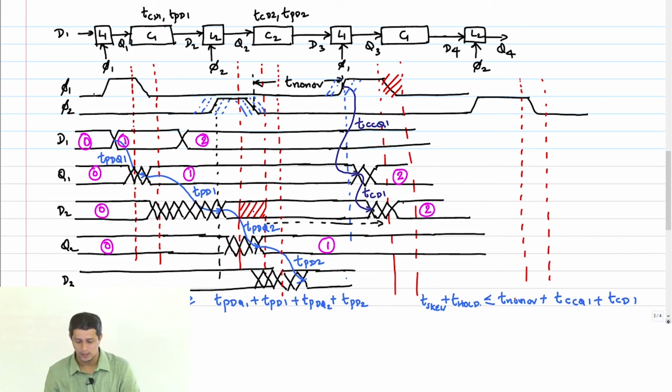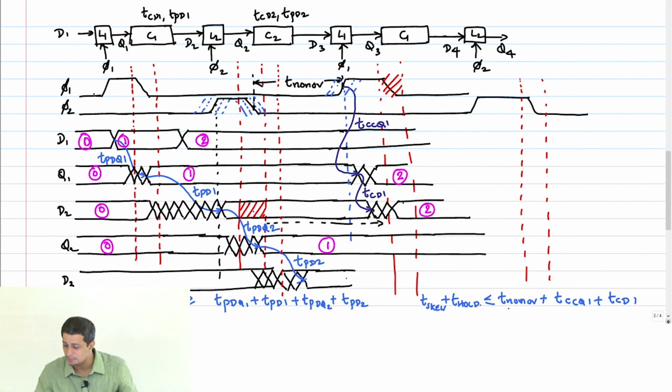Now remember that for max delay, I have only one constraint. For min delay, this constraint has to hold at every latch. I could do the same analysis with D2 changing and then analyzing what happens at D1 again.